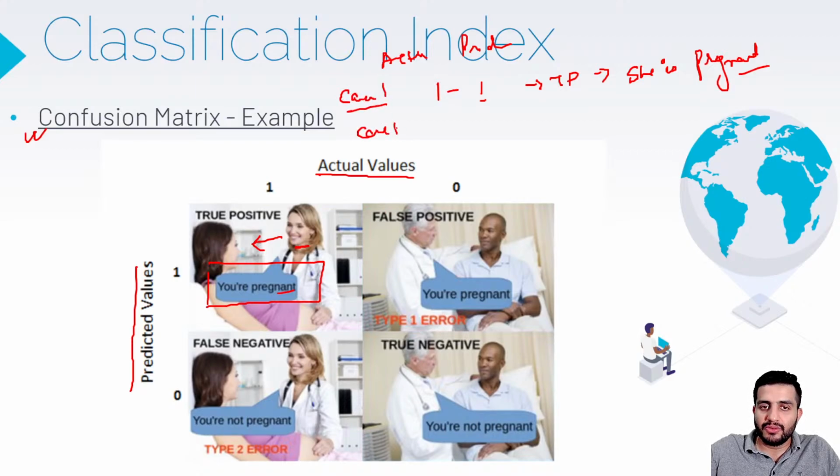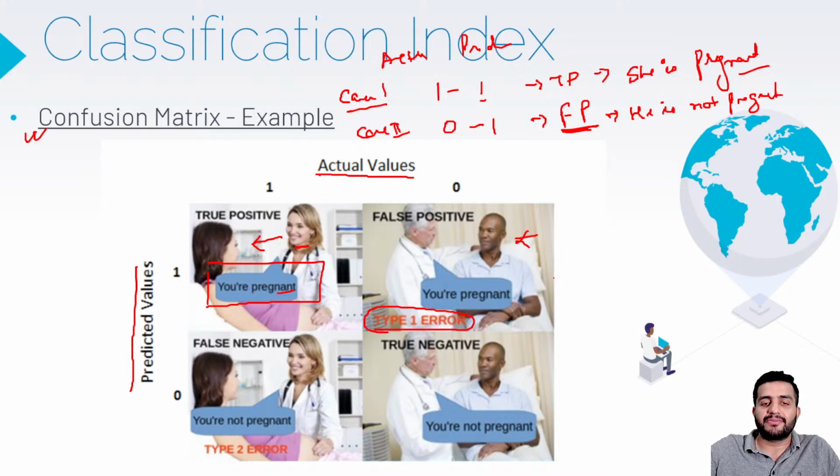Now case 2, actual is 0, but I predicted 1. So the doctor is saying to this man, hey man, you are pregnant. So he is diagnosing him as pregnant, positive, but originally he is not pregnant. He cannot be pregnant. So the case of false positive is also called type 1 error.